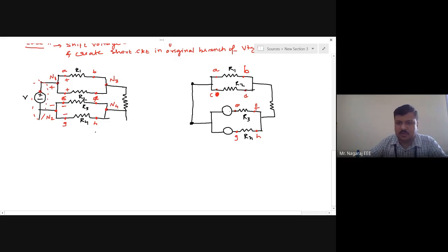So therefore, the polarity of the source marking should be like this: minus, plus, V volts, V volts.